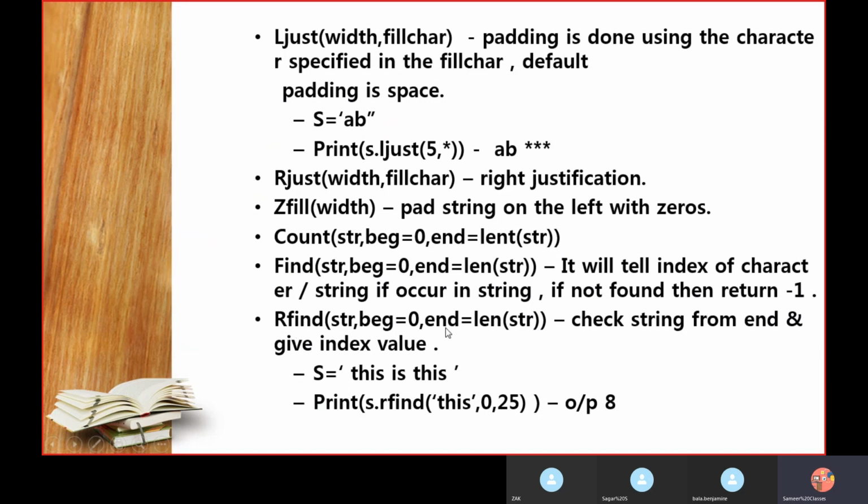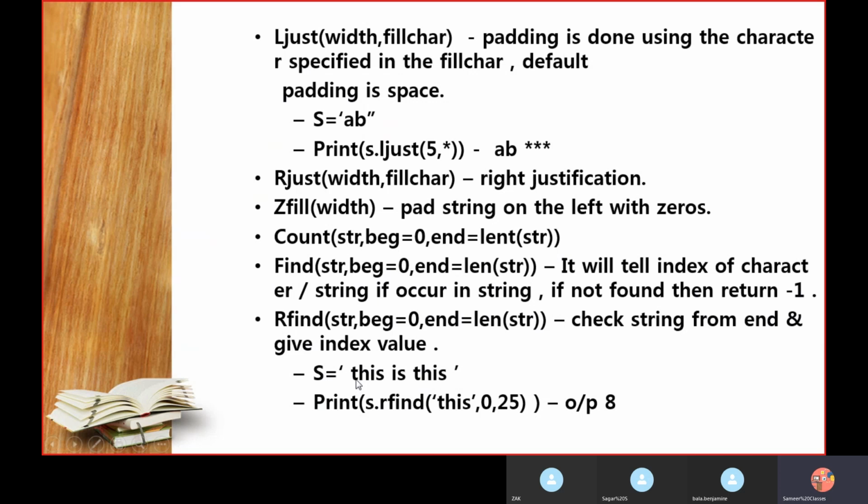Right to left means that the end index number which we are giving over here, it will count from this. For example, I am writing this, which has come two times. So I am writing this and doing rfind. So rfind will take this particular one, it won't calculate the other one.